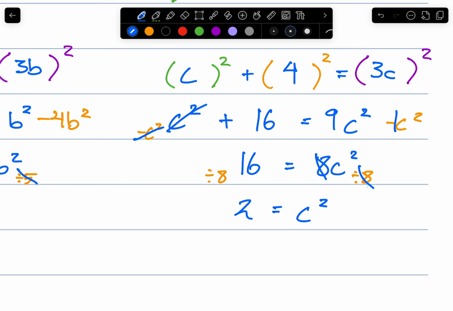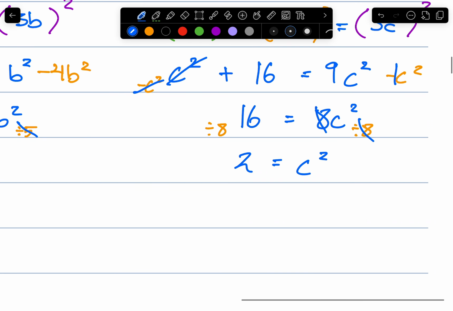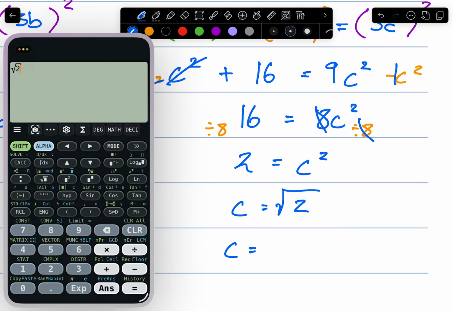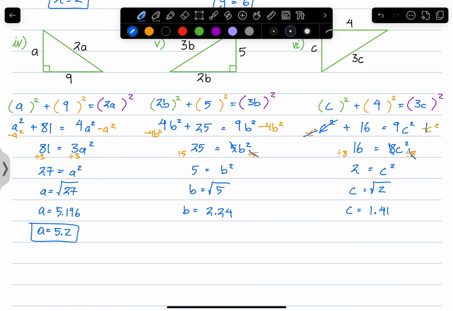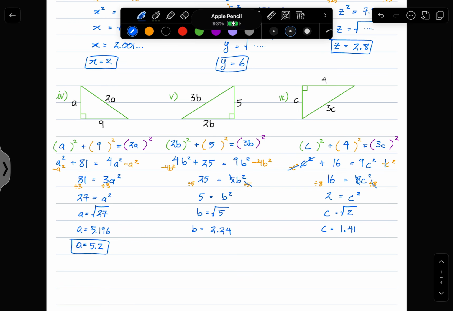This cancels out the 8, leaving us with c squared. And from here, we take the square root of 2. Square root of 2 is 1.414, which I'm going to write as just simply 1.41. And there we have it.